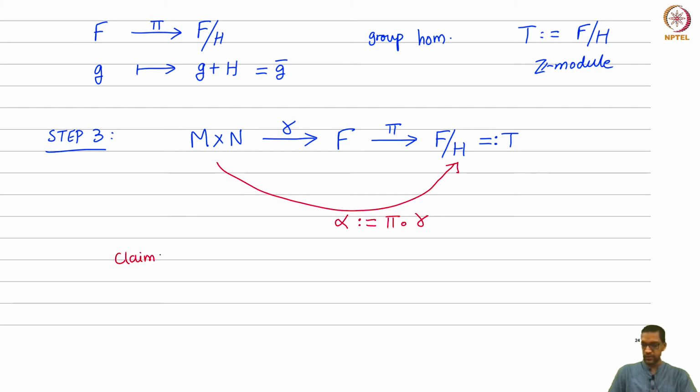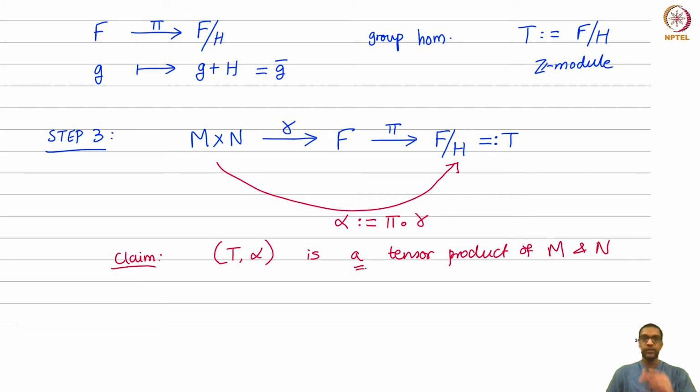So our claim now is going to be that T comma alpha is a tensor product of M and N. Recall we already showed that if it exists, the tensor product is unique up to a unique isomorphism. But we need to first show that this satisfies the axioms or the universal property of a tensor product.